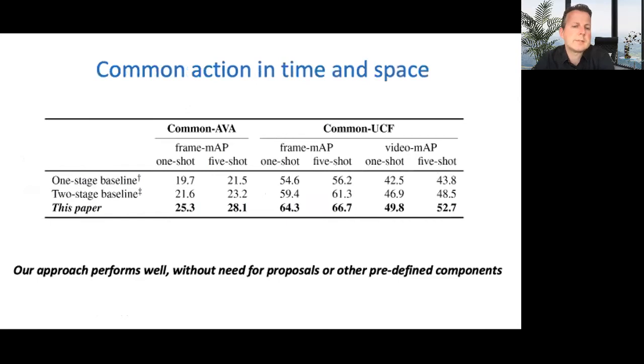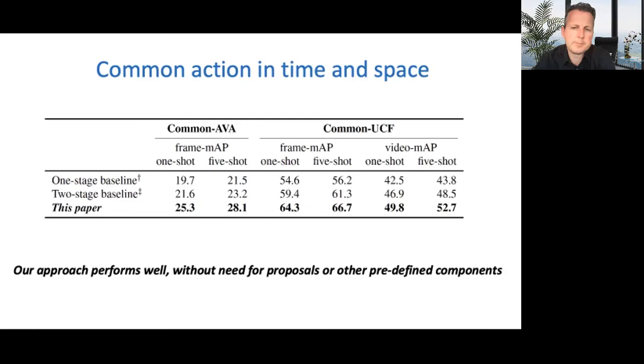Now, next we evaluate common action in time and space. So the task did not exist, so there were also no baselines. So we constructed 2 baselines based on existing action detection approaches using either a 1-stage end-to-end approach or a 2-stage baseline using proposals and then selecting the right proposal.